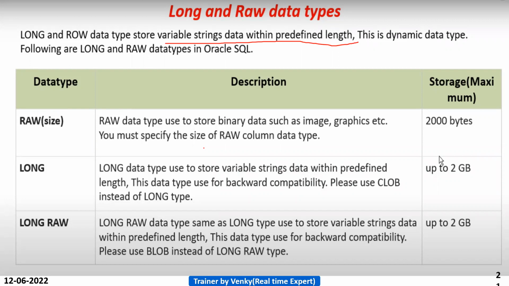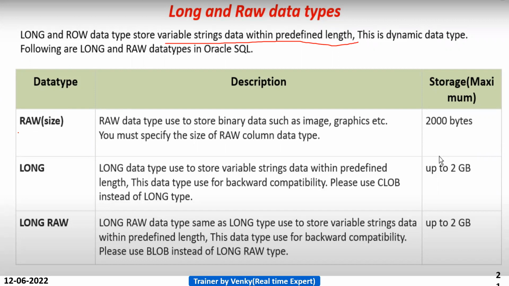Why they put restriction means the column they have declared like this. If you declare 4 GB, the database has to allocate 4 GB. I don't need to give that much, because that column is just an image. It's not a video or graphics. If it is a video or graphic, then you can go for BLOB, 4 GB.